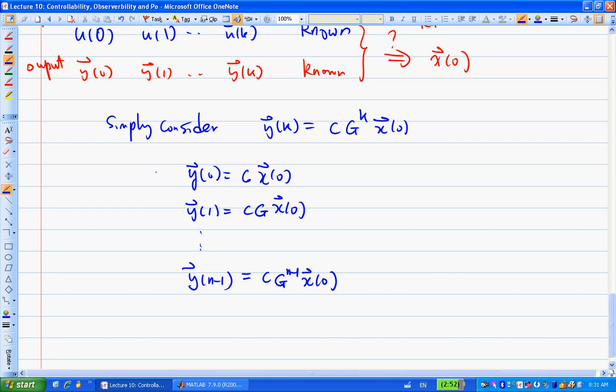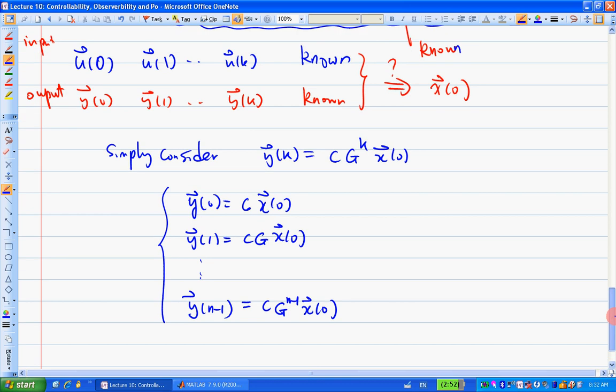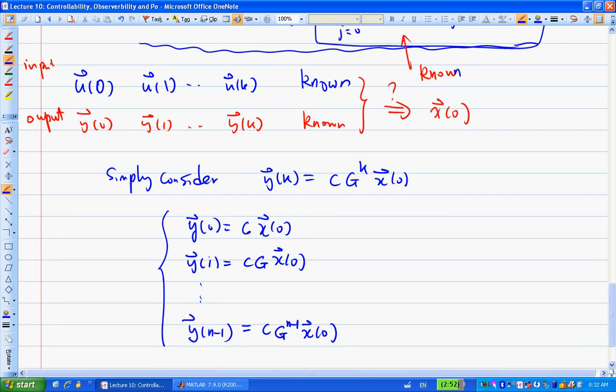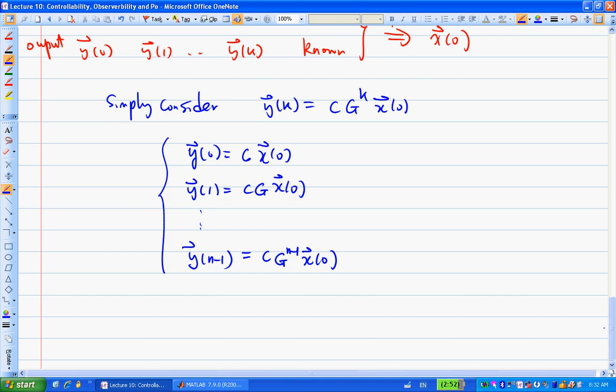So remember the purpose. The purpose is to obtain this x of 0 based on the known quantity. It's a simplified situation. The left side here really should have all the information to use, but because there's just a known one here, let's simplify the situation. Now, how many states do we have?